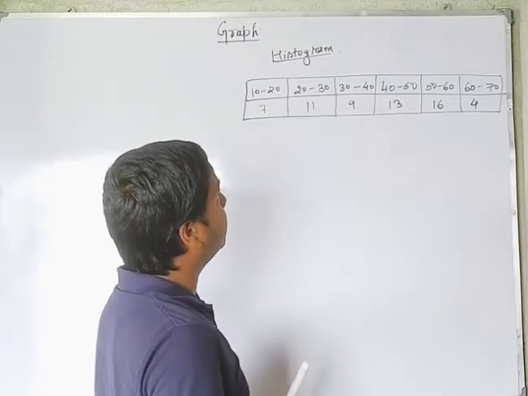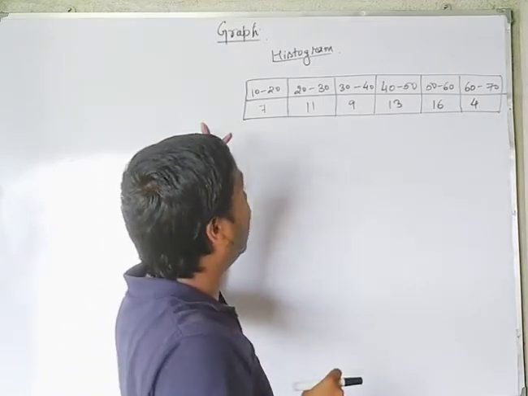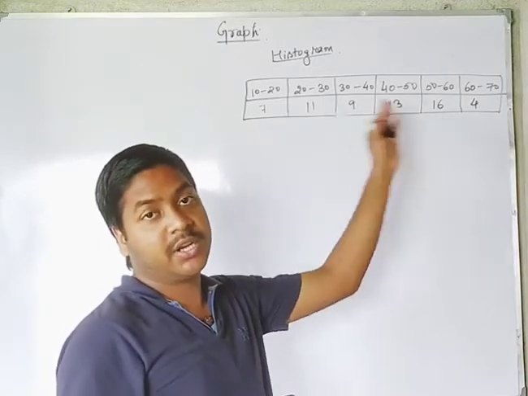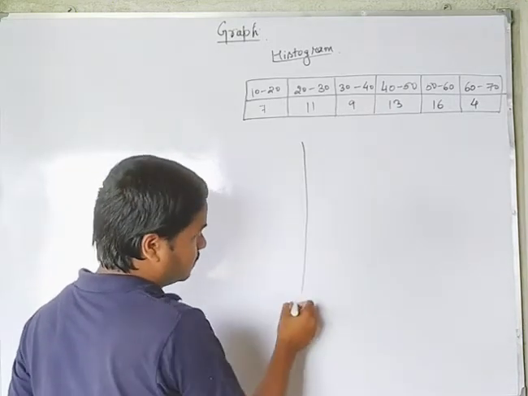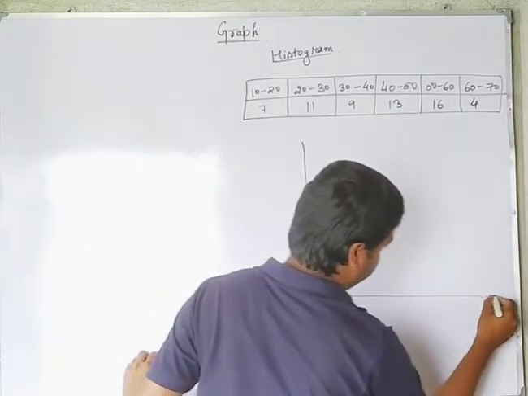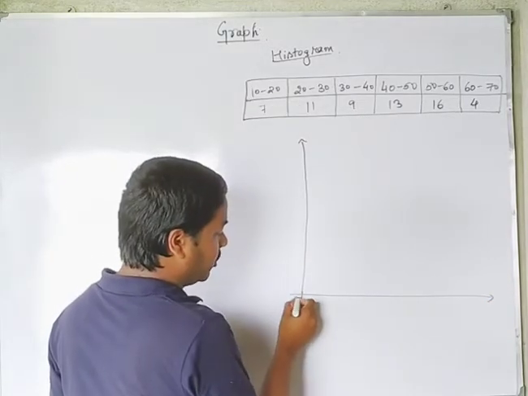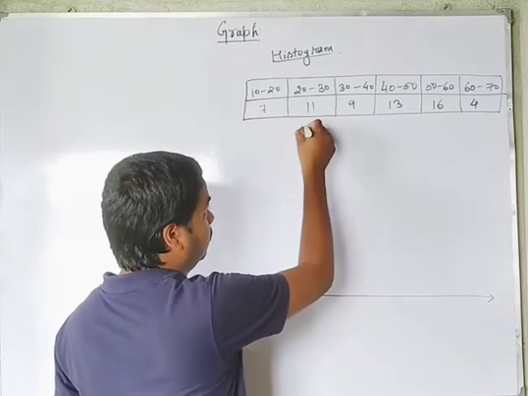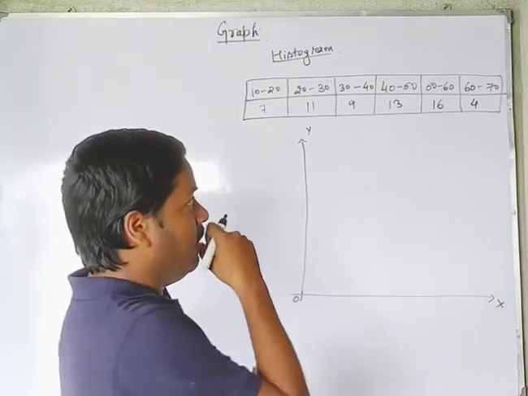How to make the histogram? Just remember, whatever is given in the below column, we will represent on the y-axis. Since it is starting from 10, here the intersection point will be 0. This is y, that is x.